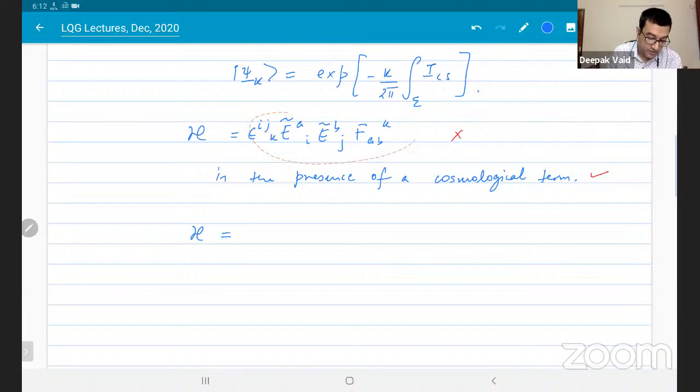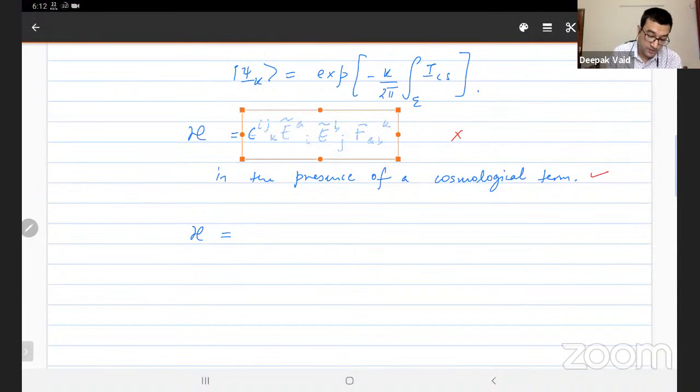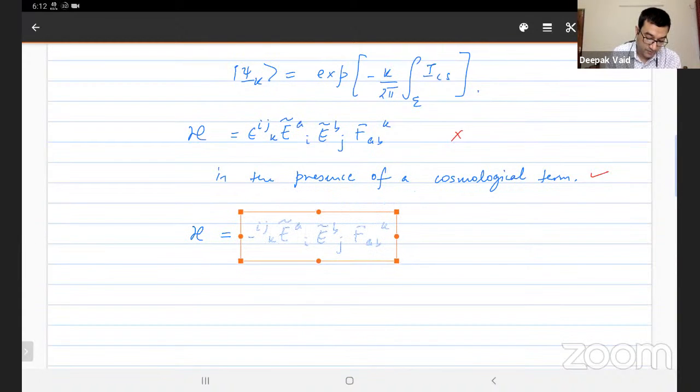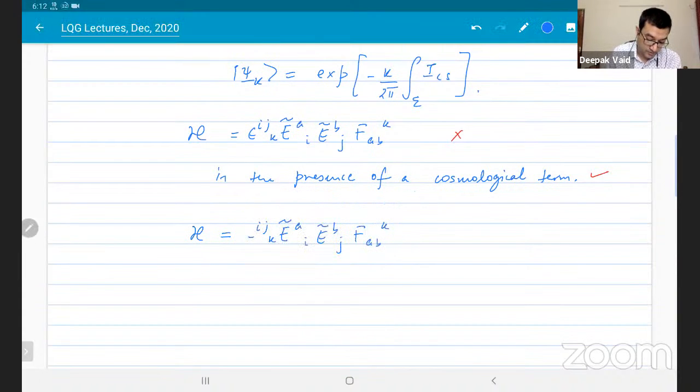When you have a cosmological term, your Hamiltonian has this expression, this part, but it also has another part which comes from the lambda.